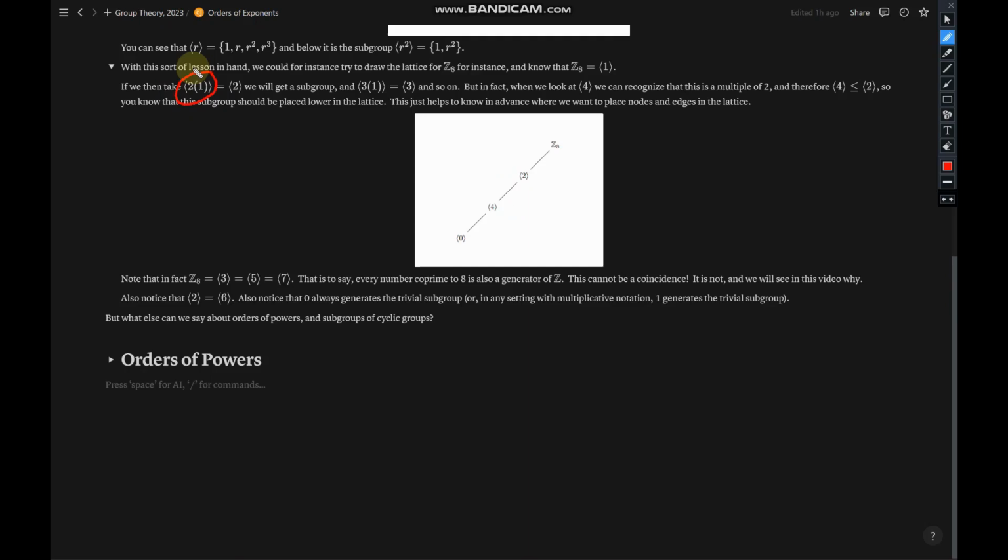If we take the multiple of 2, we get a subgroup of that. But to illustrate the point above, we can see that the group generated by 4 is a subgroup of the group generated by 2. And of course, 4 is a multiple of 2. So we could anticipate that they would be subgroups by seeing that 4 is a multiple of 2.